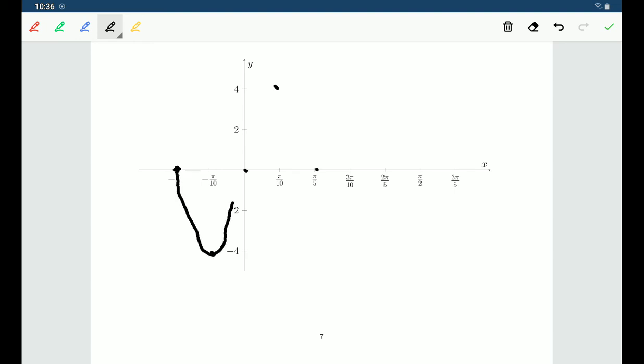And there we go. And now I can continue on. The periodicity tells me that my graph would go back down to negative 4, then back to 0, then up to 4, then back down to 0.